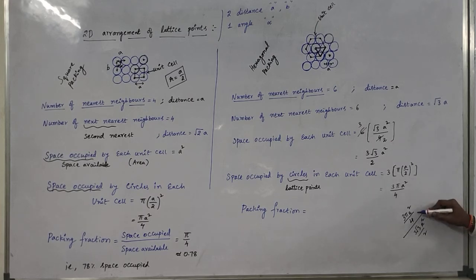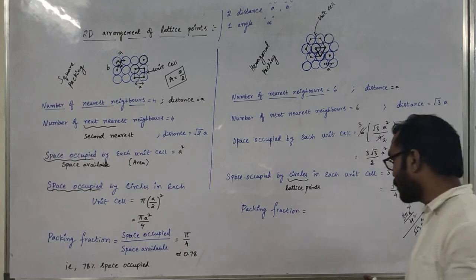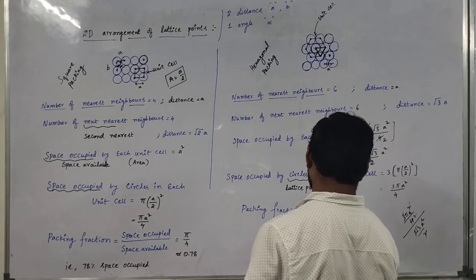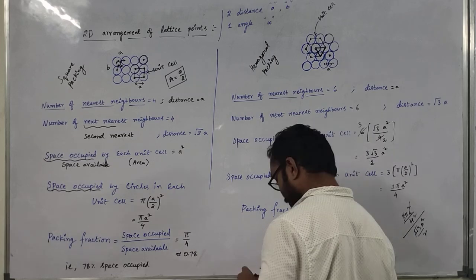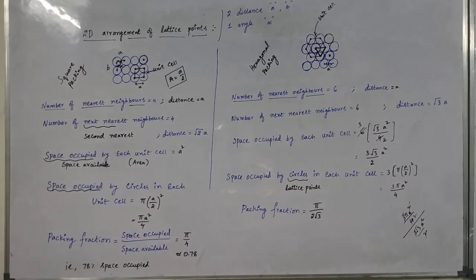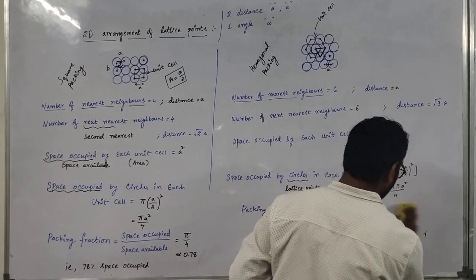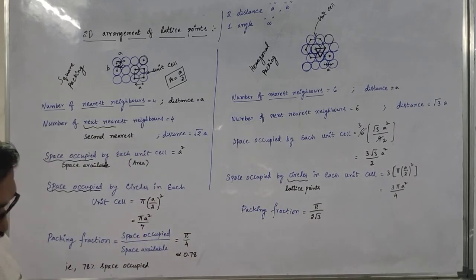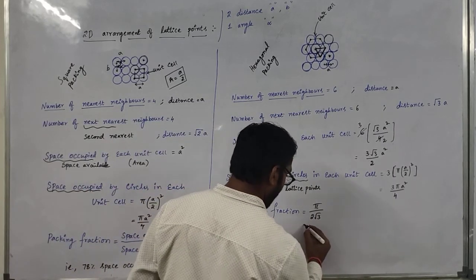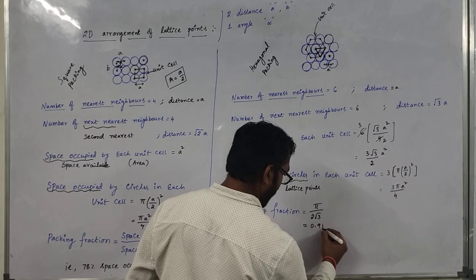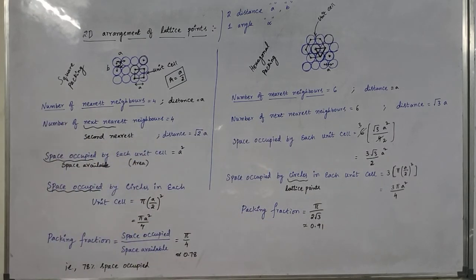A square cancels, so pi by 2 root 3. So the packing fraction is pi upon 2 root 3, which is approximately 0.91.